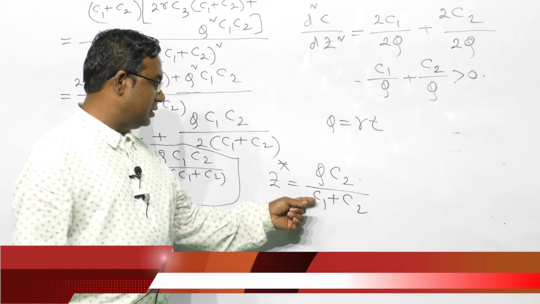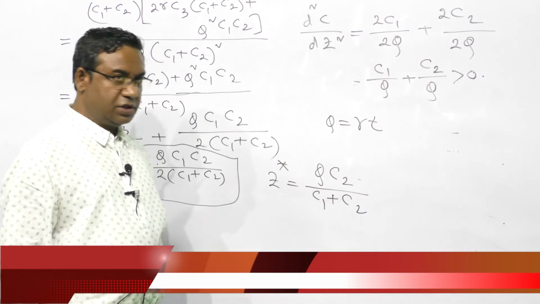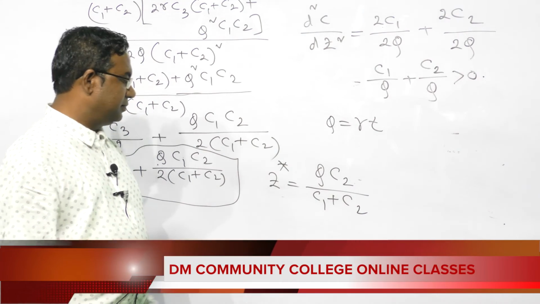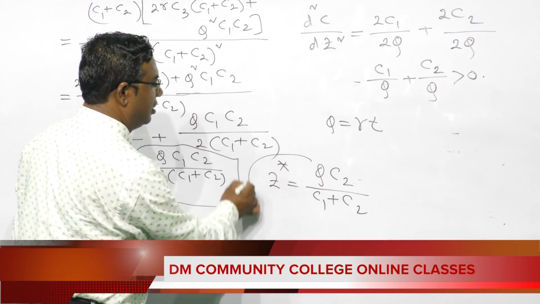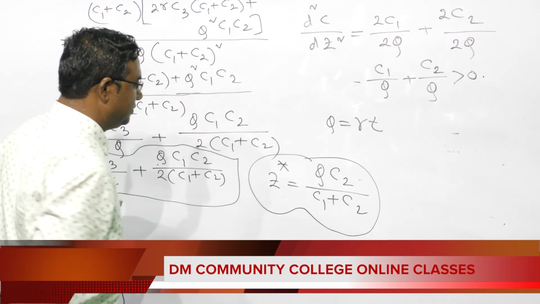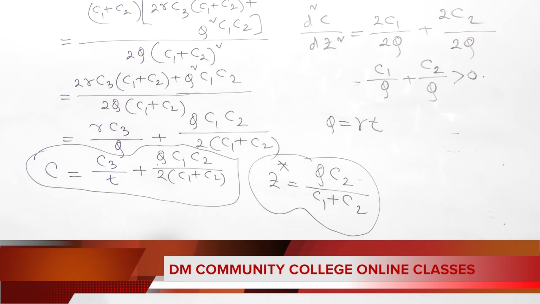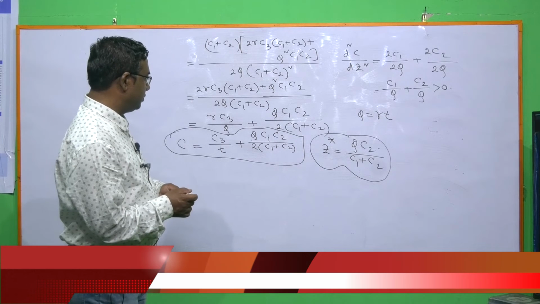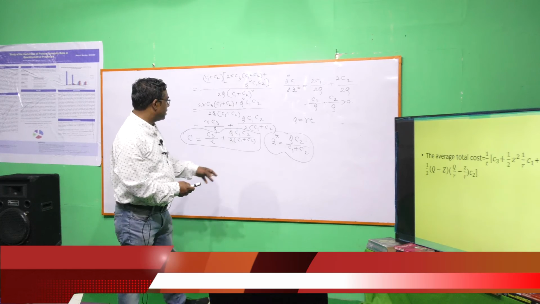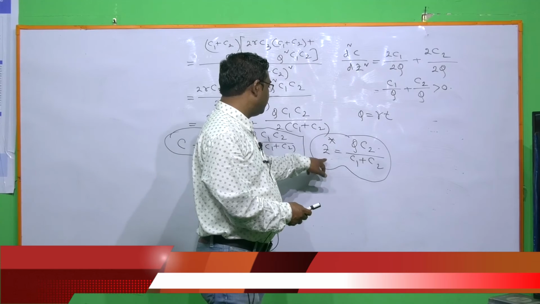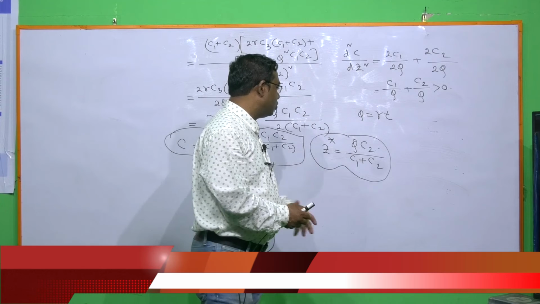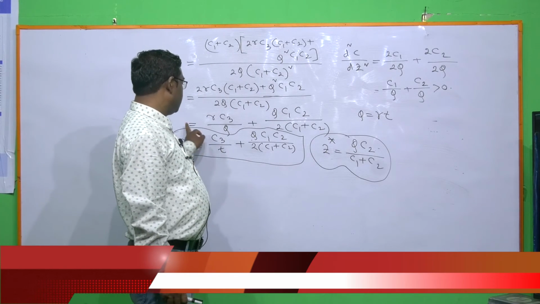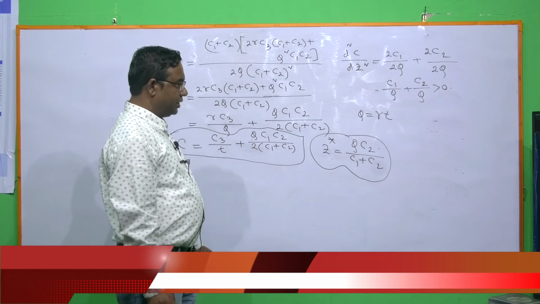C1 is the inventory holding cost, C2 is the shortage cost, Q is the total demand. So this is the optimal value of inventory, the initial inventory level before the next run. This is the optimal value of Z. Z is QC2 by (C1 plus C2). C is the total inventory cost.